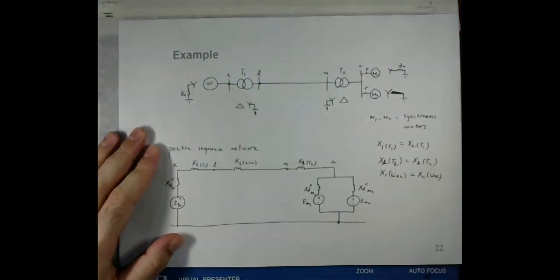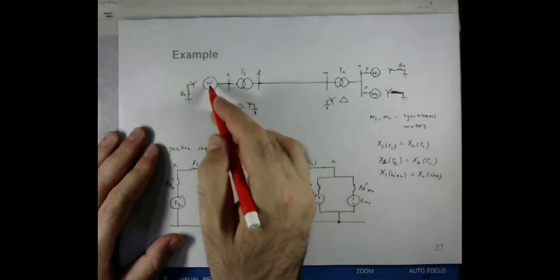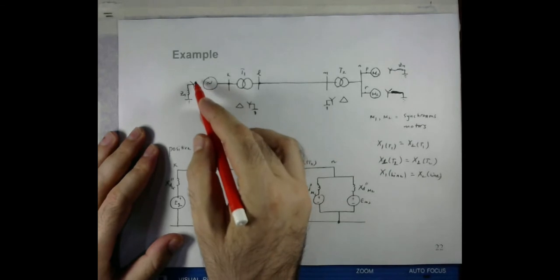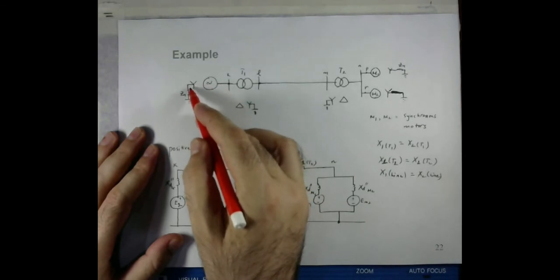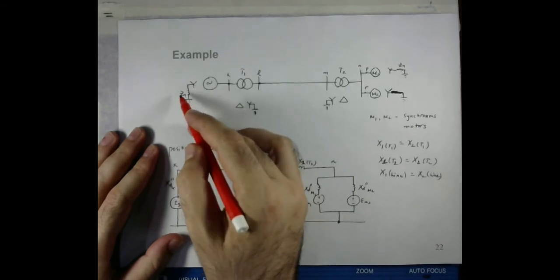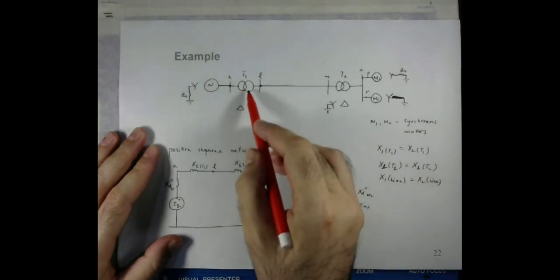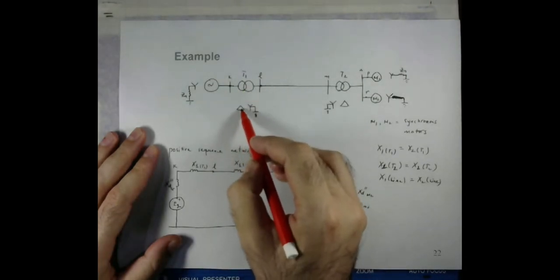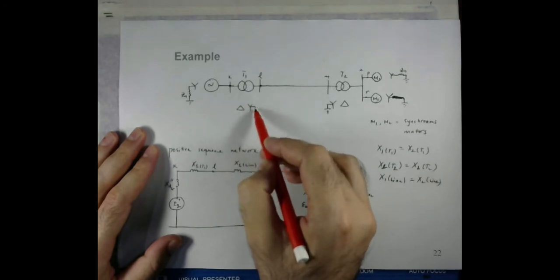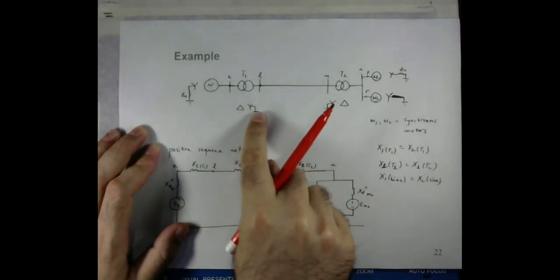Now the generator, as we have discussed before, is a Y connection, and the neutral point of the generator is connected to the ground through the grounding impedance Zn. A transformer has a delta on the primary side and a Y on the secondary side, and we have just discussed this case, right?